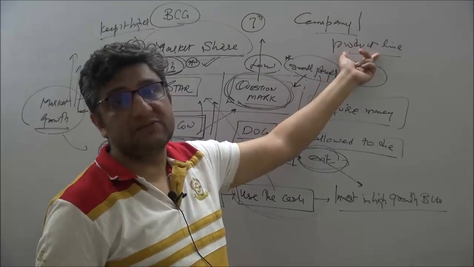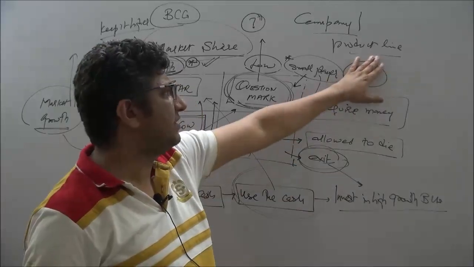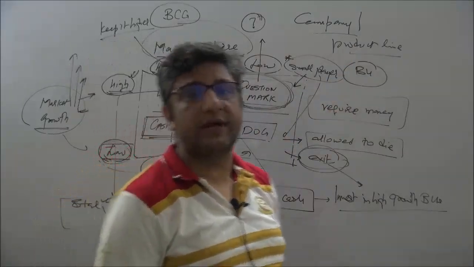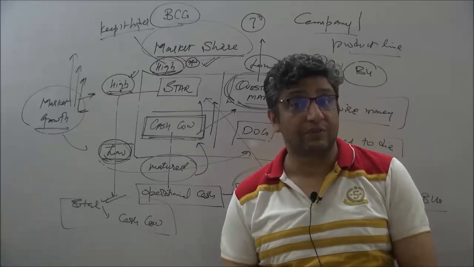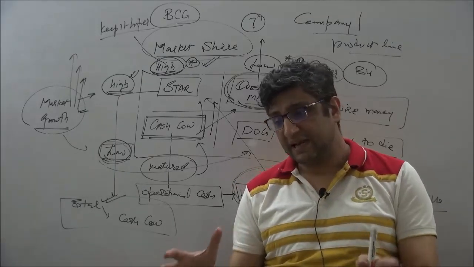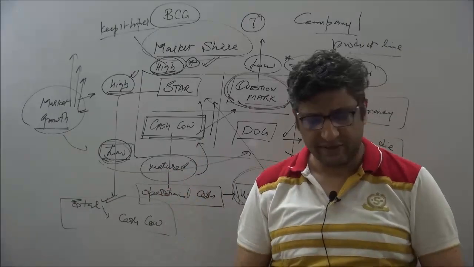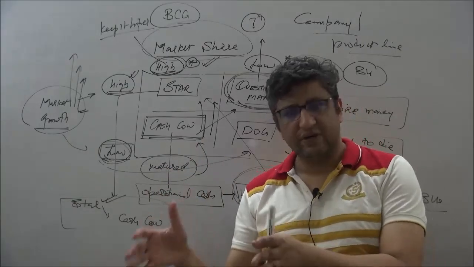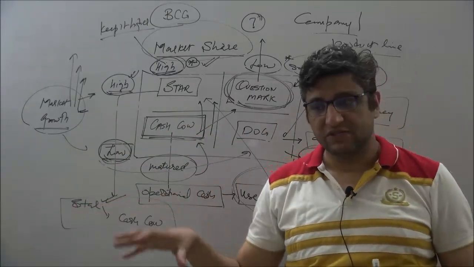It could be a case as far as a product line is concerned. So one way or the other, directly or indirectly, the BCG framework would play a role again. Okay, a company like Google, a company like Microsoft, a company like Facebook, Apple for that matter. Okay, so they may say that we are only doing this kind of work. So we are not into a company or a business which is doing everything.